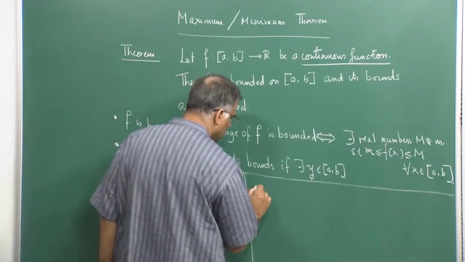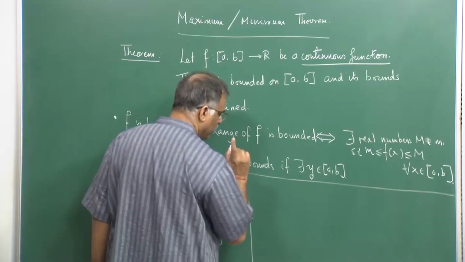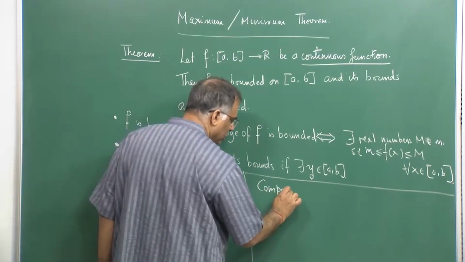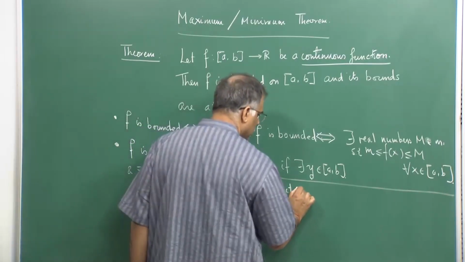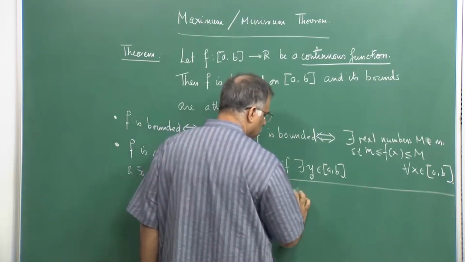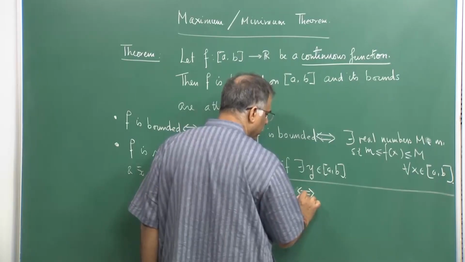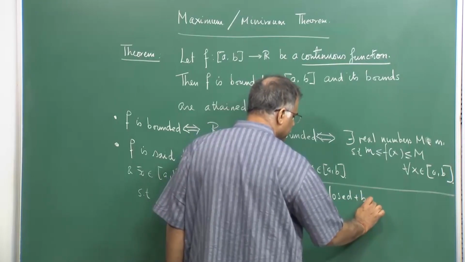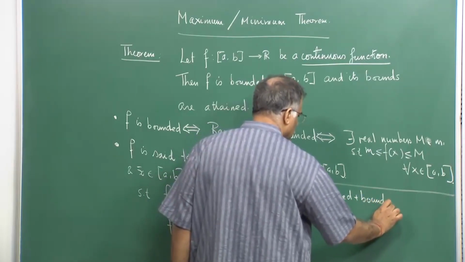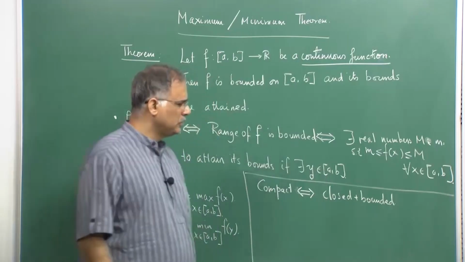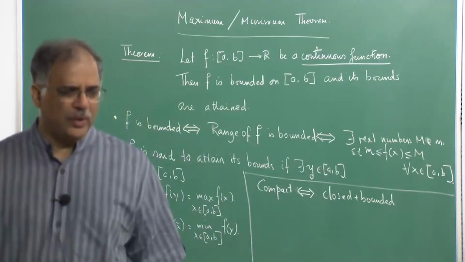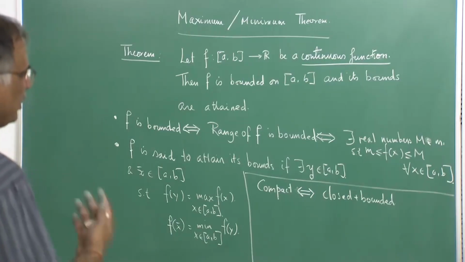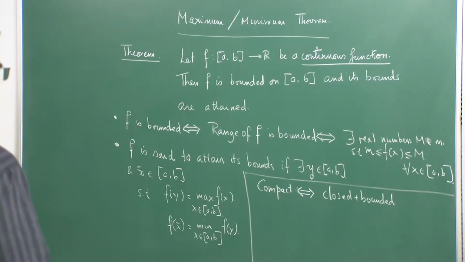There are two terms, this term compact is a shorthand for a set which has two important properties, closed plus bounded. So, when is a set in the real line closed, and what do you mean by that, right.